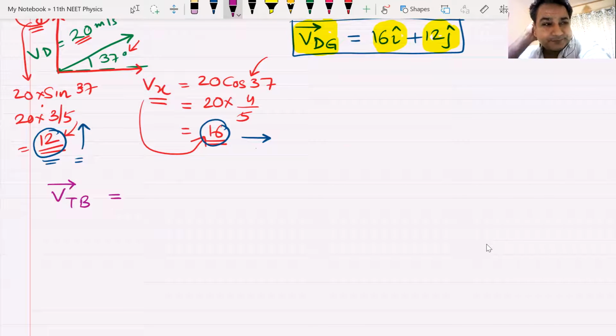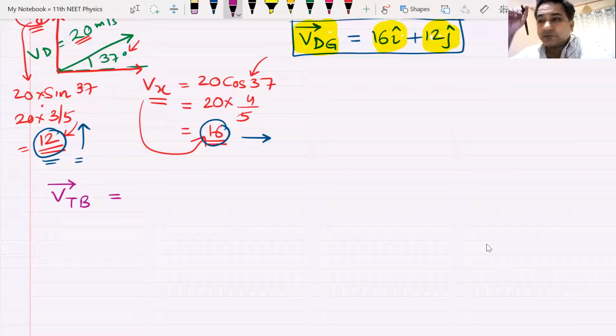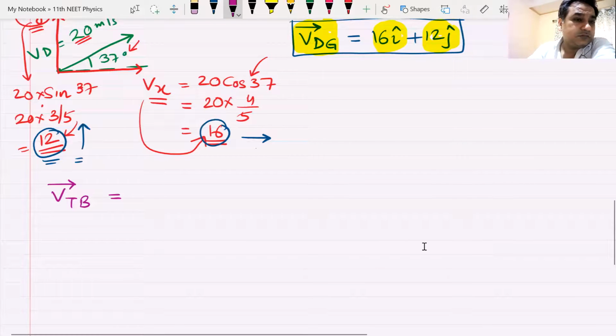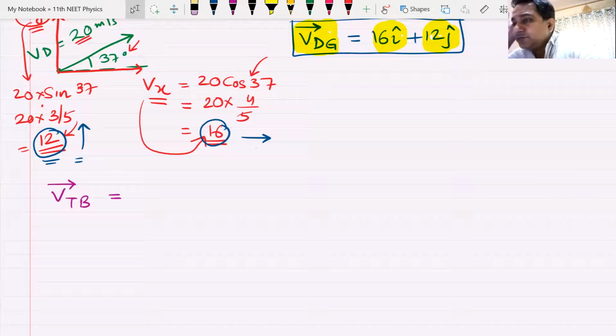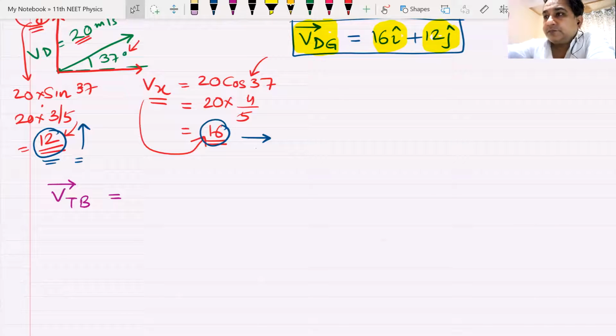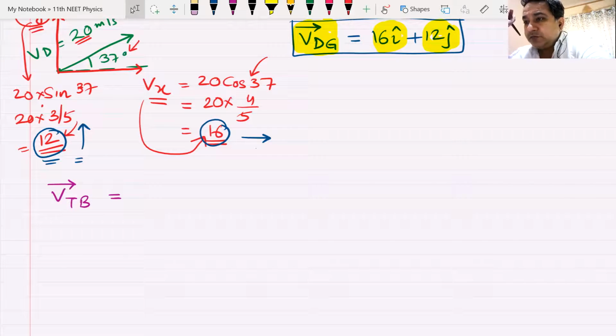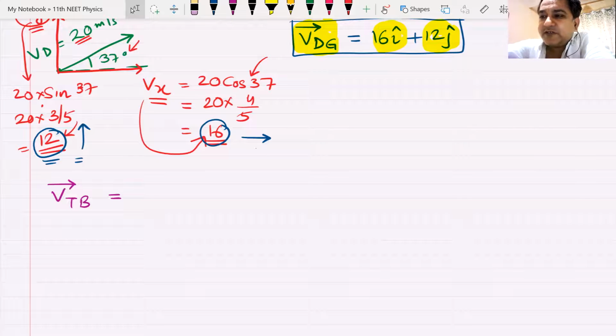Anyone? How will I find out velocity of tree with respect to boy? Tanu, can you give the answer, beta? You raised your hand. Unmute yourself and give the answer.